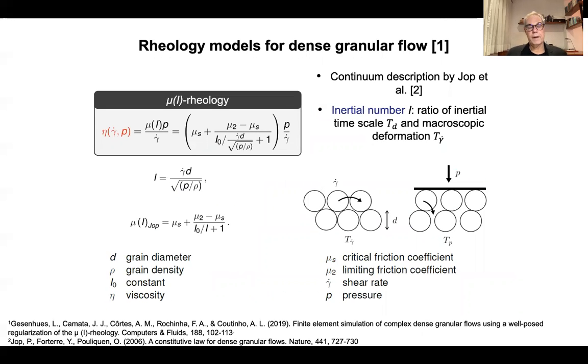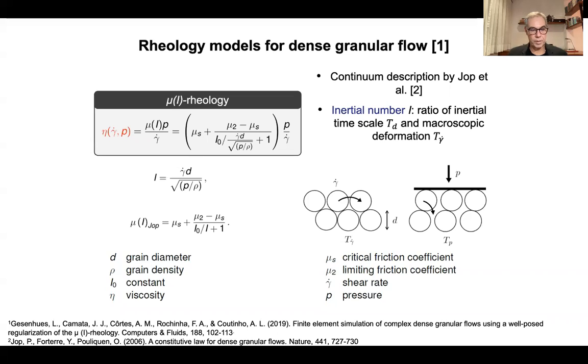Well, coming back, as I said before in the introduction, sometimes when we have more dense concentrations, we have to take into account that the flow is basically non-Newtonian, and currently you have this rheology model for dense granular flow introduced by Jop et al. in Nature in 2006.